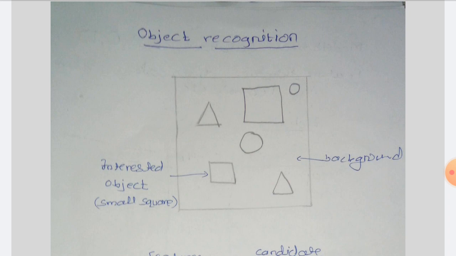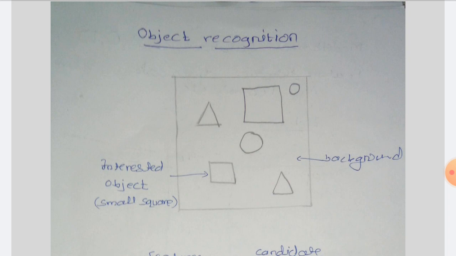Now we can see here one image in which different objects are present. Circular object, square object and triangular object are present with the background, but we are interested in a smaller square.